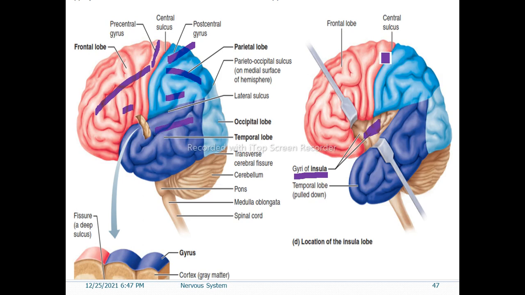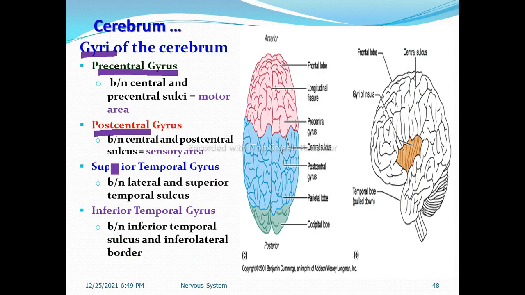In between the central sulcus and postcentral sulcus is the postcentral gyrus. The other, the superior temporal gyrus, is between the lateral and superior temporal sulcus.